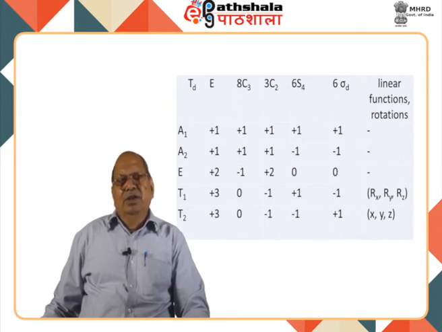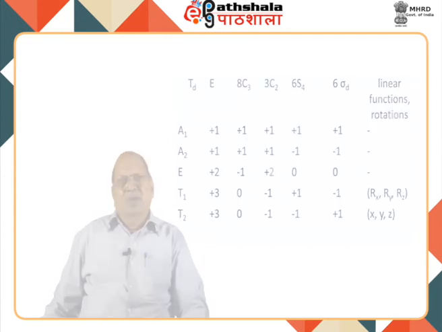Now, if I take x, y, z, they form the basis for T2, as they are listed against the T2 irreducible representation. So for T1, Rx, Ry, Rz are the basis, and for T2, x, y, z are the basis functions, as shown in the partial table.